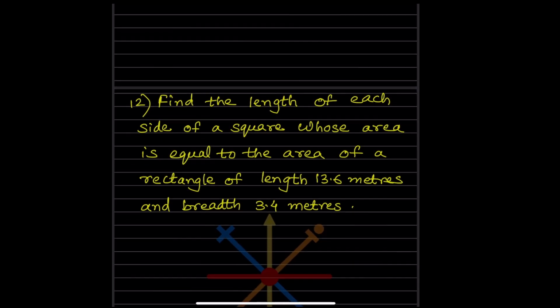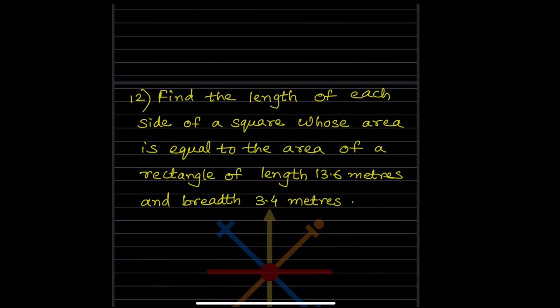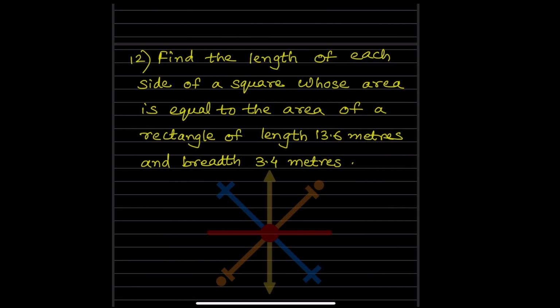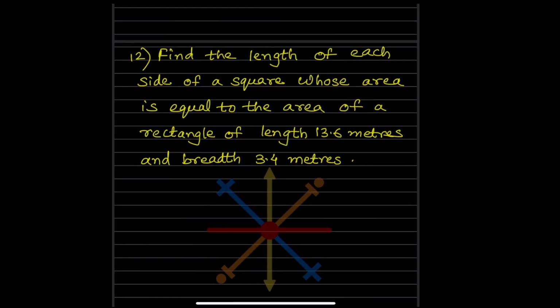So now here they said find the length of each side of a square whose area is equal to the area of a rectangle of length 13.6 meters and breadth 3.4 meters. Let us write the given things first.